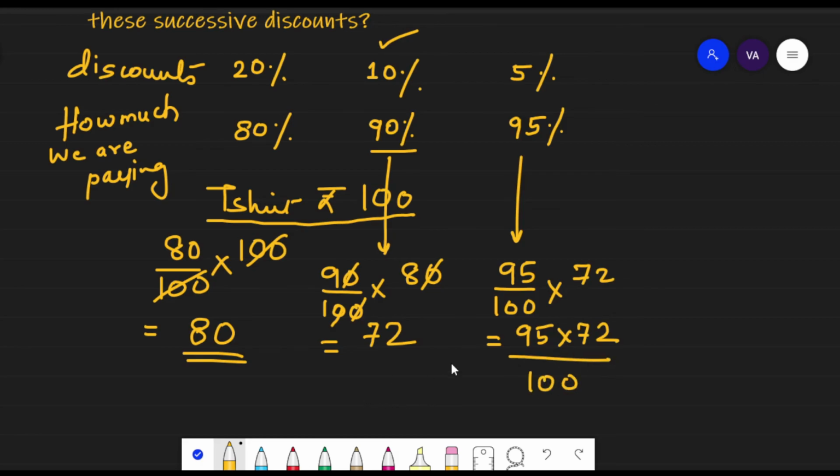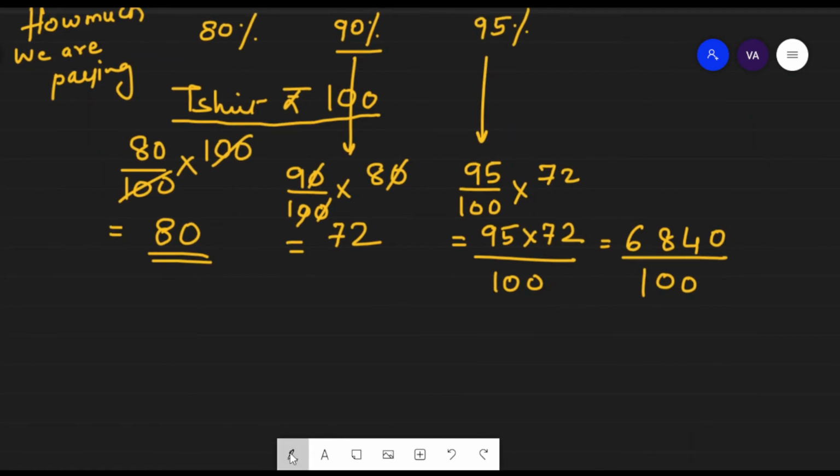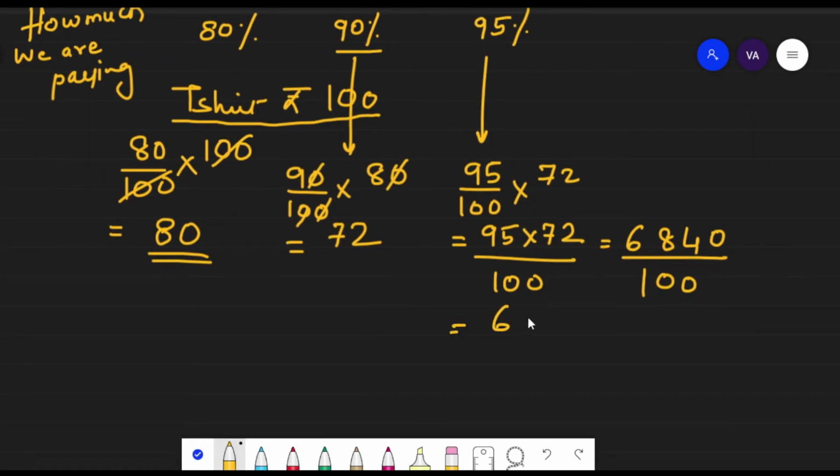So it comes out to be 6840 upon 100. That means 68.4. That means a 100 rupees t-shirt, after getting a 20%, 10% and 5% discount, we are paying only 68.4.